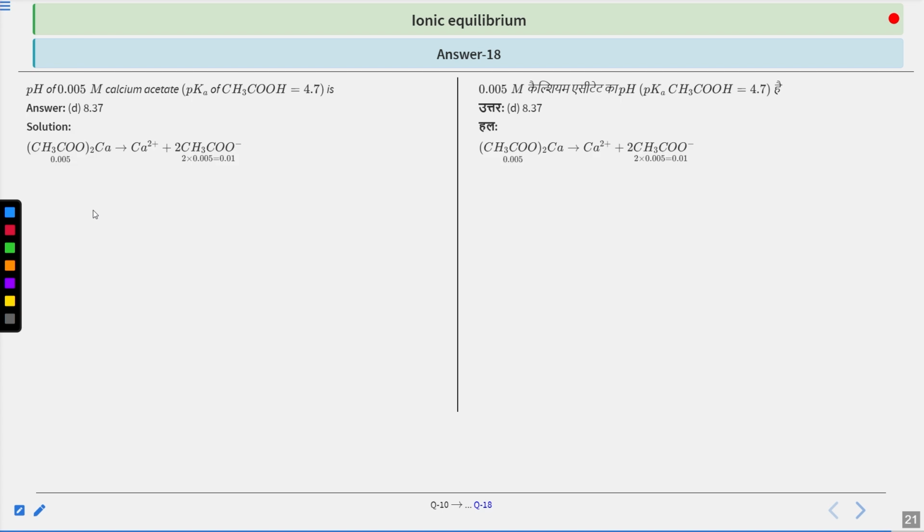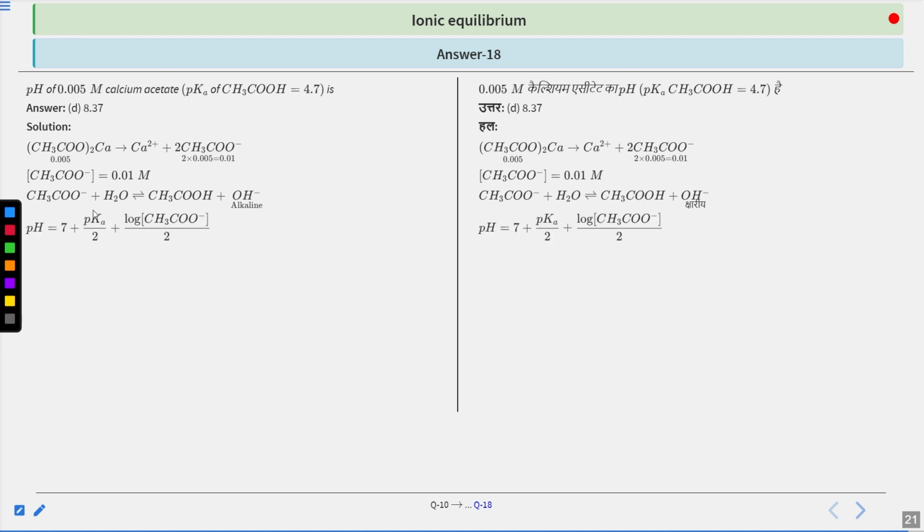Initially, we have calcium acetate. If it breaks down, it will give us 2 moles of acetate ion. So that corresponds to 2 into 0.005 or 0.01 molar. So this is the concentration of the acetate ion. Second thing, if we react this acetate ion with water, we will get acetic acid and the alkali.